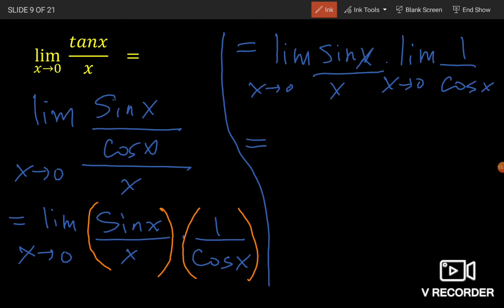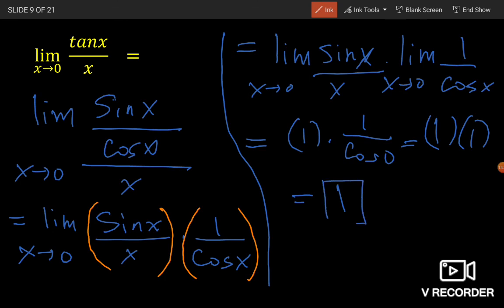The limit of sine x over x as x approaches 0, as we all know, is equal to 1. Whereas the limit of 1 over cosine x is simply equal to 1 over cosine of 0, which is equal to 1. Therefore, we have 1 multiplied by 1, and the final answer is equal to 1.